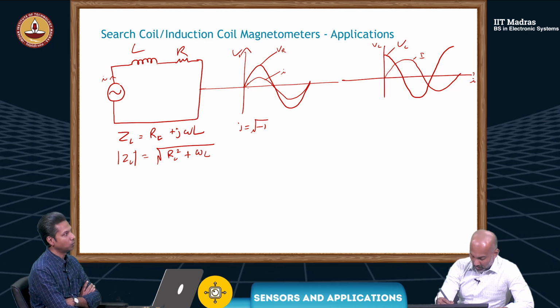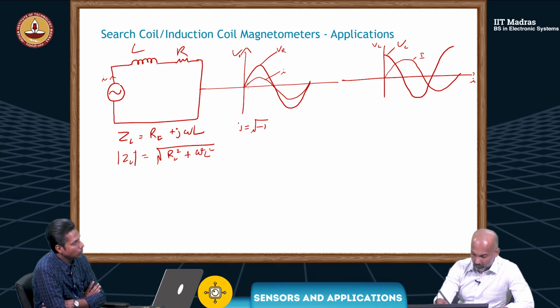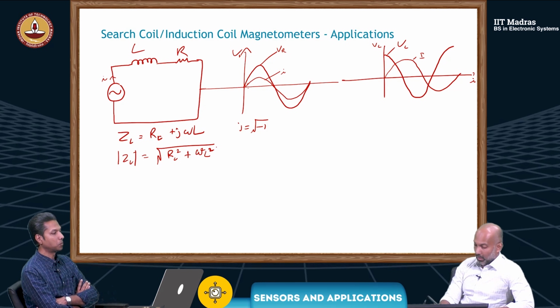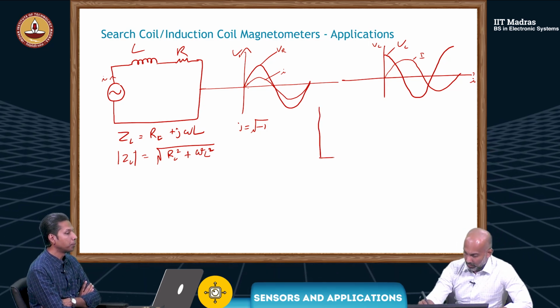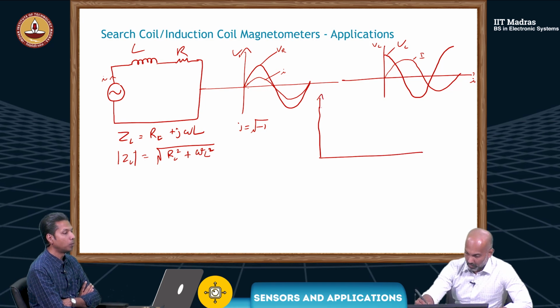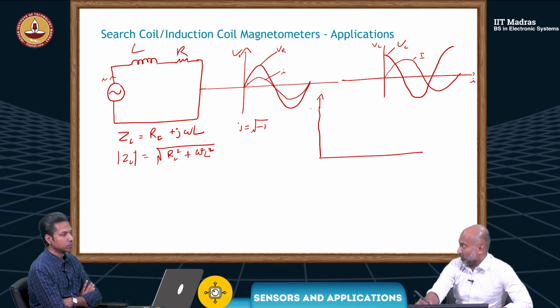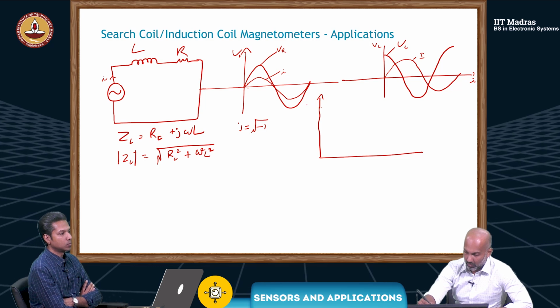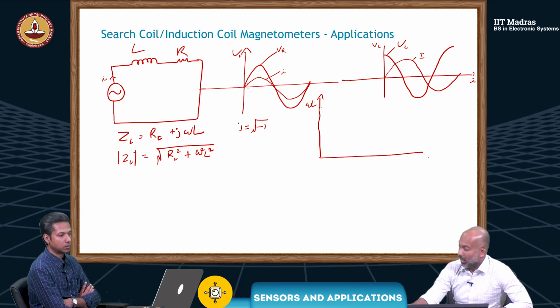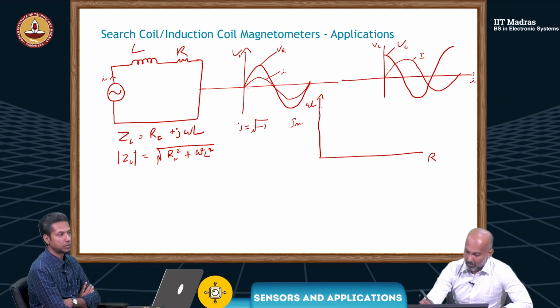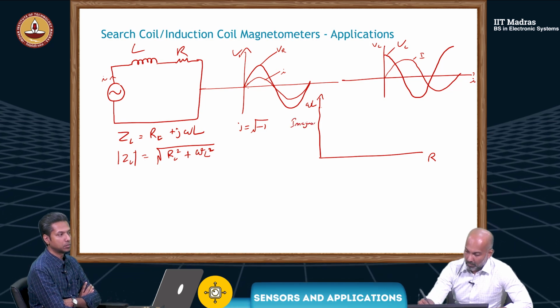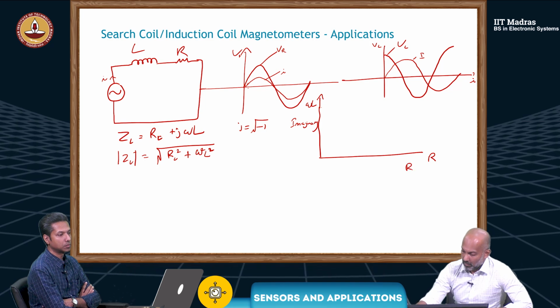Now if you draw the impedance diagram here, you have your imaginary component, which is your omega L, and then R, the serial component.